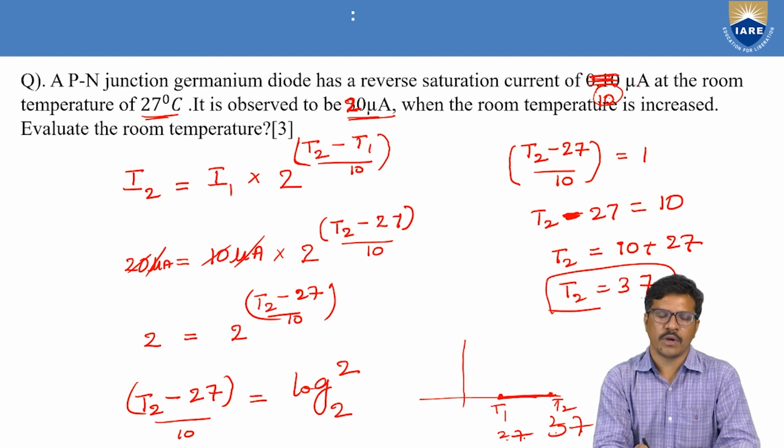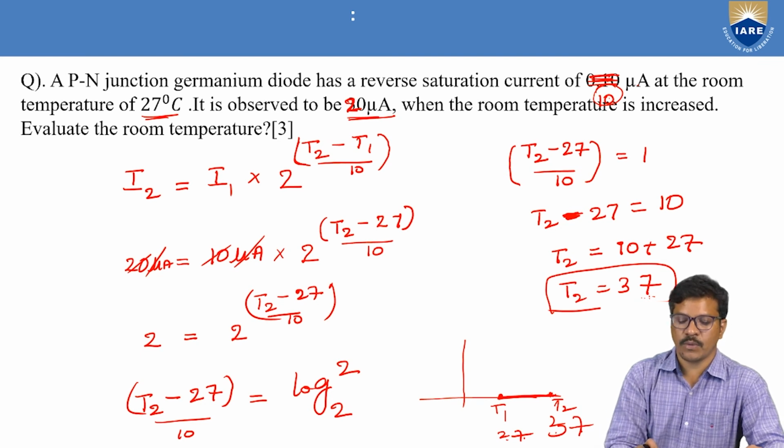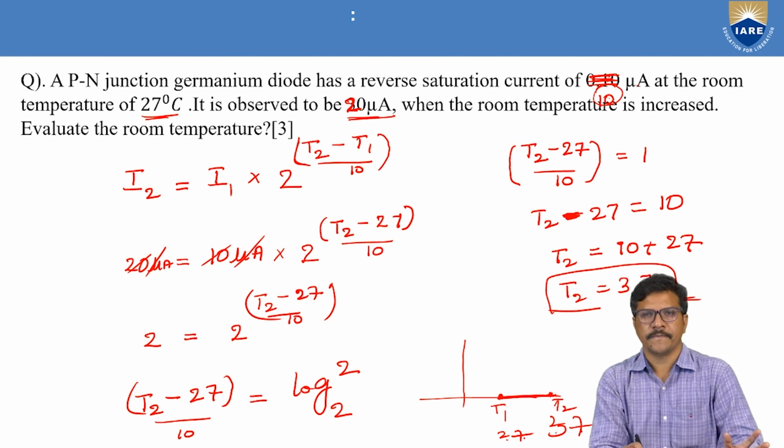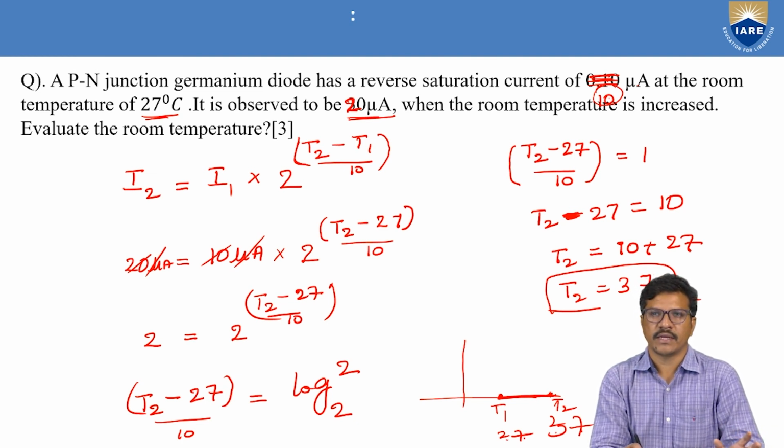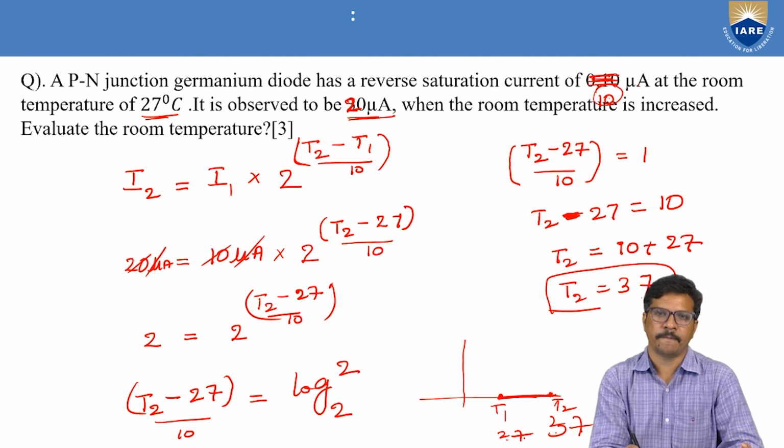That is why I have taken this 10 microampere and 20 microampere currents. So this is the way to find out the given temperatures. What is the effect of temperature on the reverse saturation current?